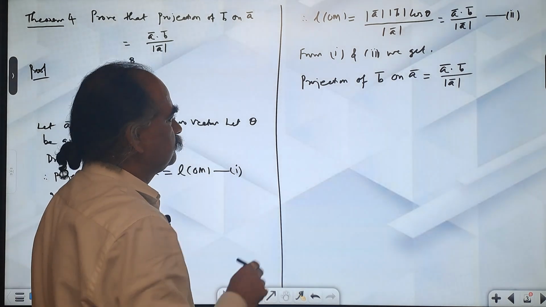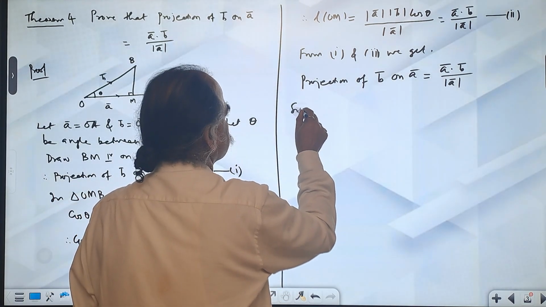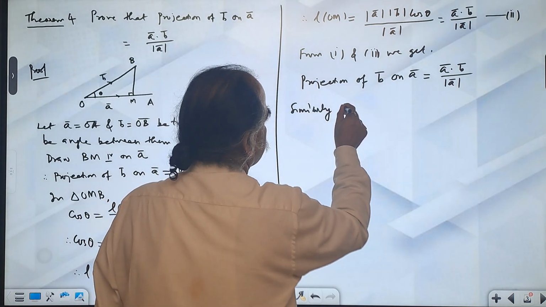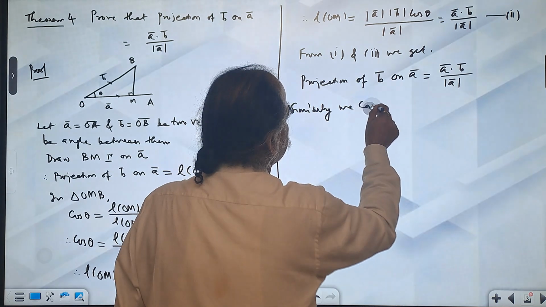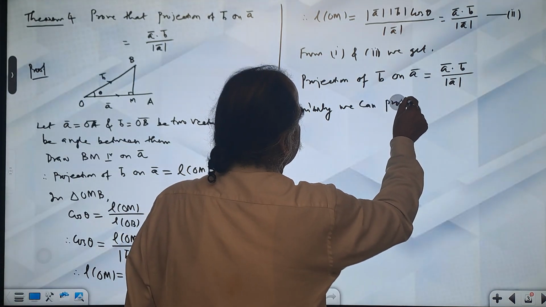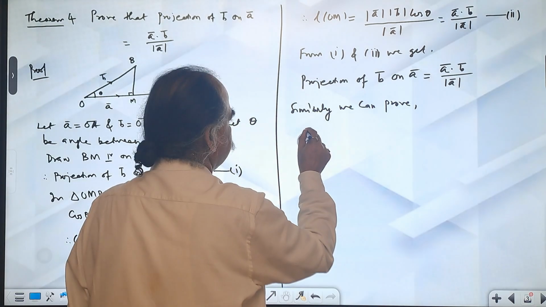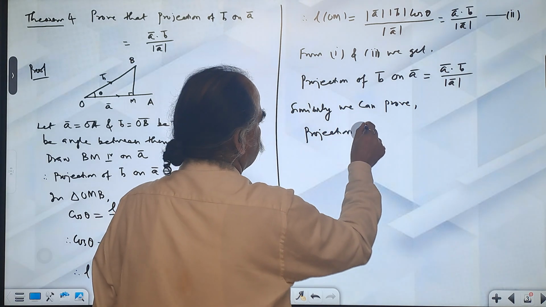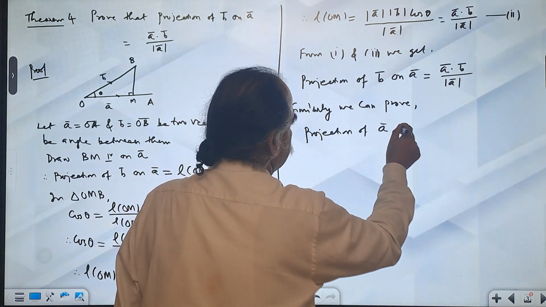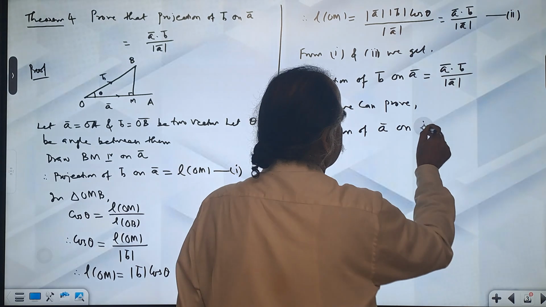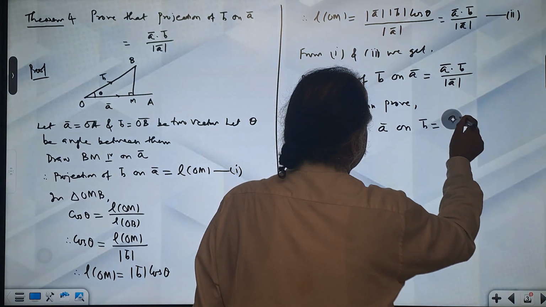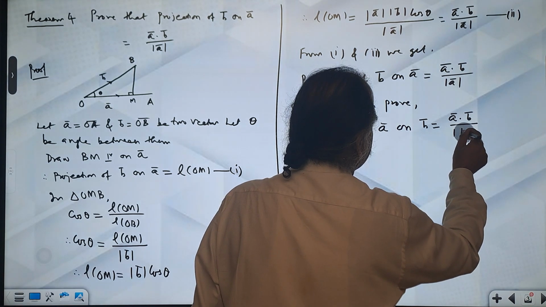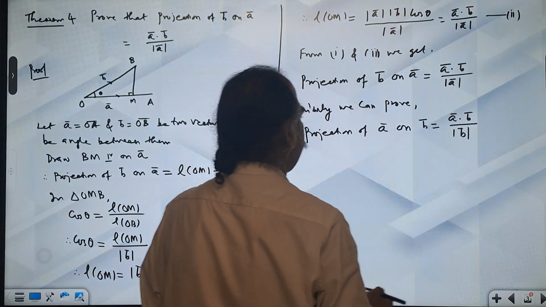Similarly, we can prove projection of A bar on B bar is A bar dot B bar upon mod B bar. So we have to divide by magnitude of the vector on which we project.